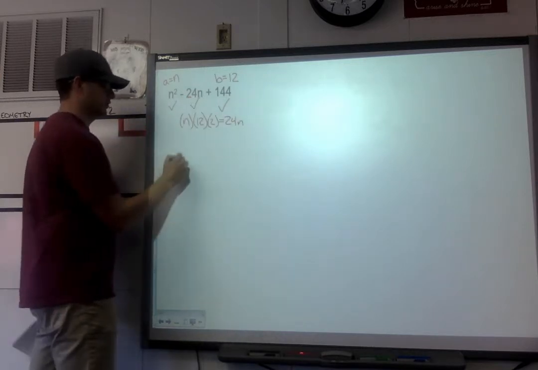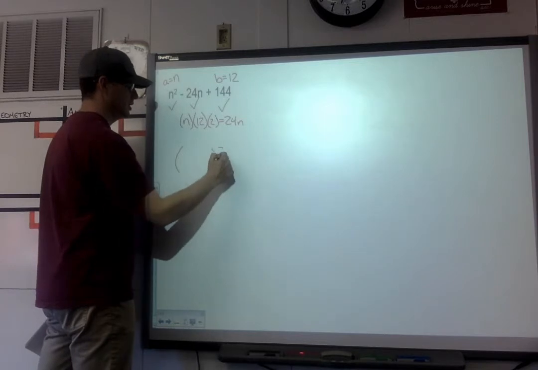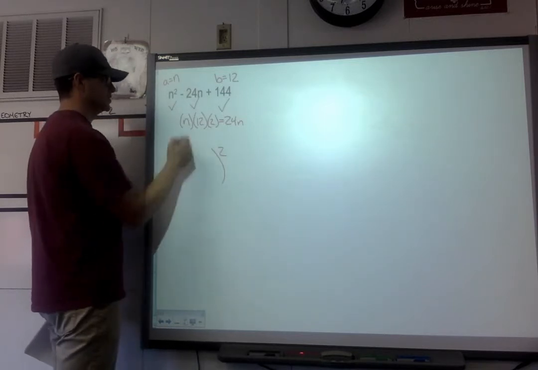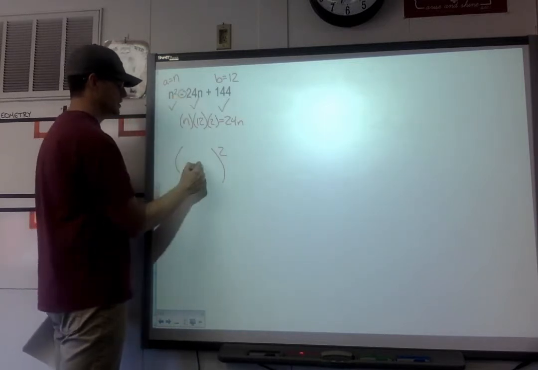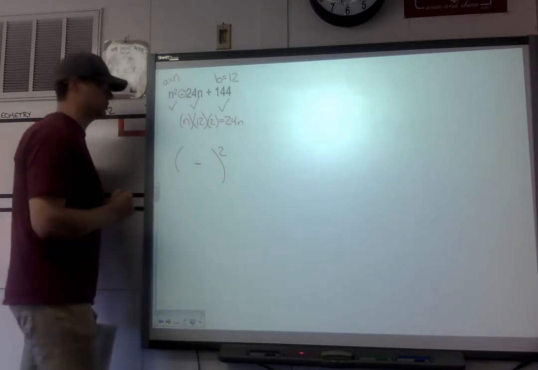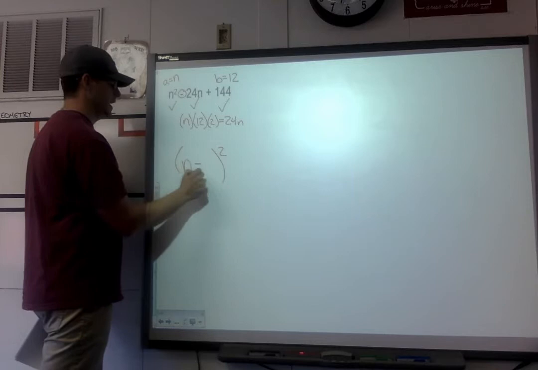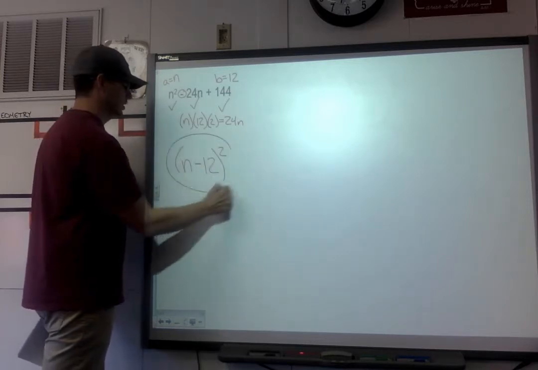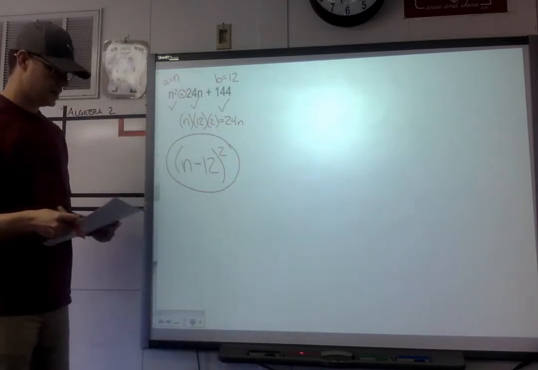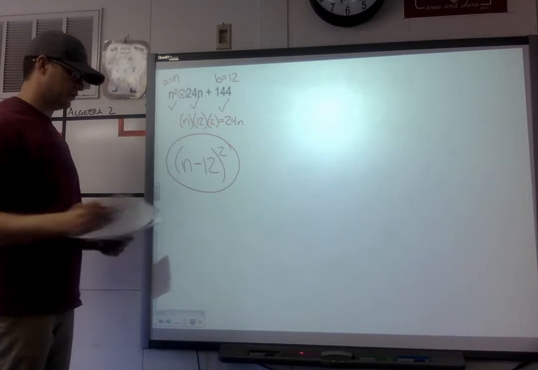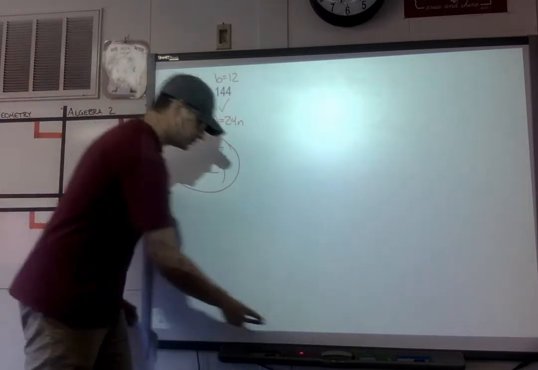So it is a perfect square trinomial. So we're going to have a binomial squared. Again, we're subtracting that middle term, so it's going to include subtraction. We're going to have a minus b, so n minus 12 squared. So that's factoring perfect square trinomials.